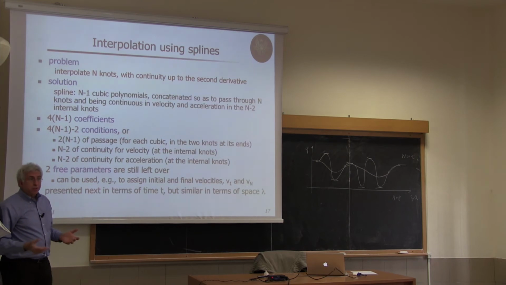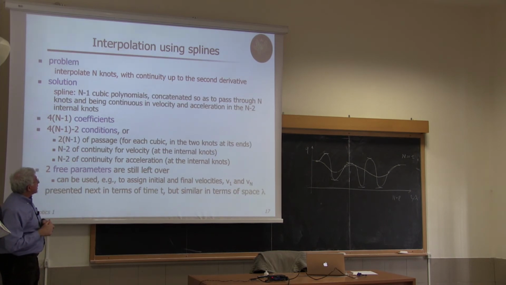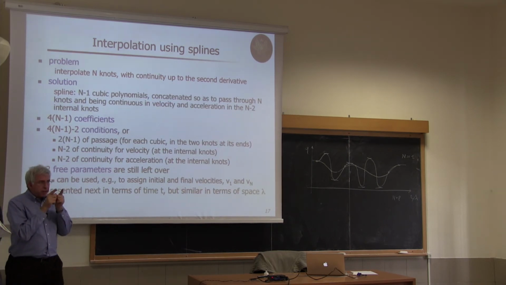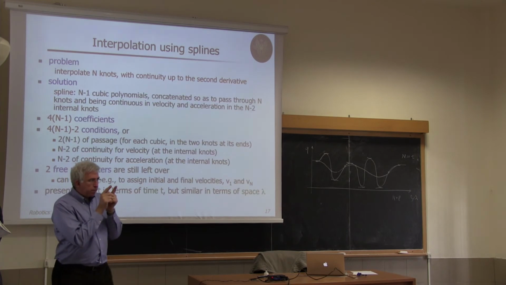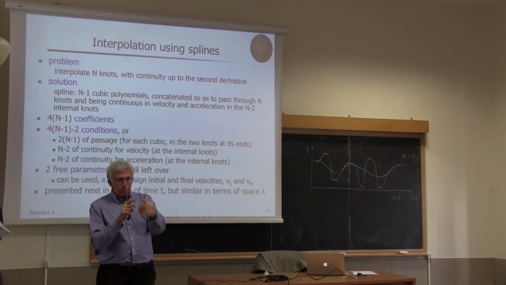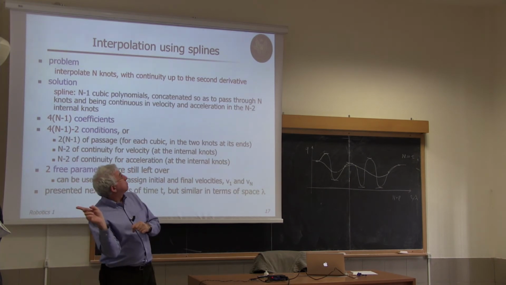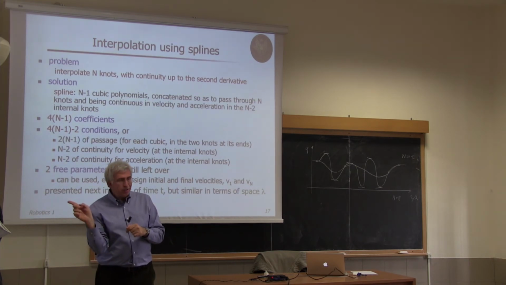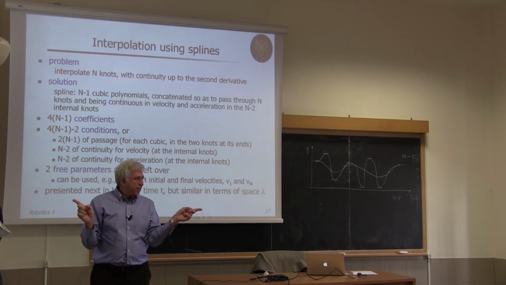How many conditions? Now, pay attention to how you compute this. You can reason in different ways, but here is one. You can look at the generic cubic function and say, okay, this cubic function should interpolate its left knot and right knot.